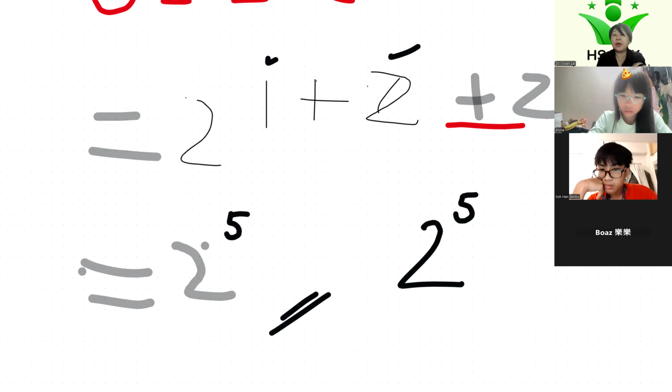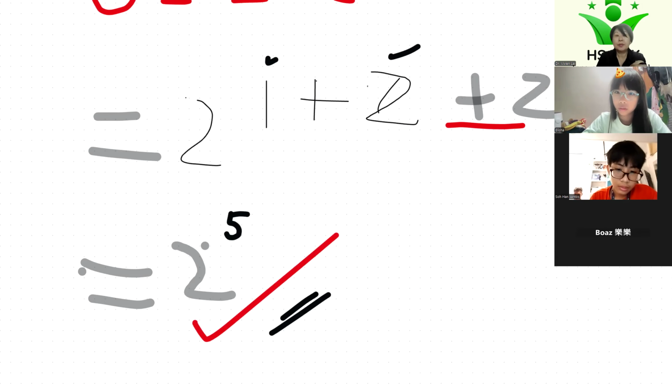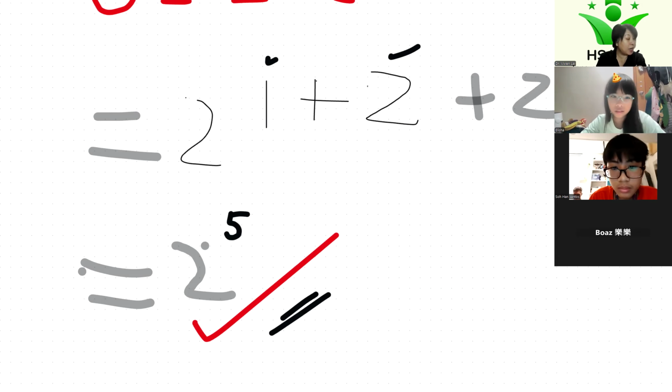Okay, you got it. Write down the answer. Write down the question. Good job. Keep the upper one small. The index is a small guy.